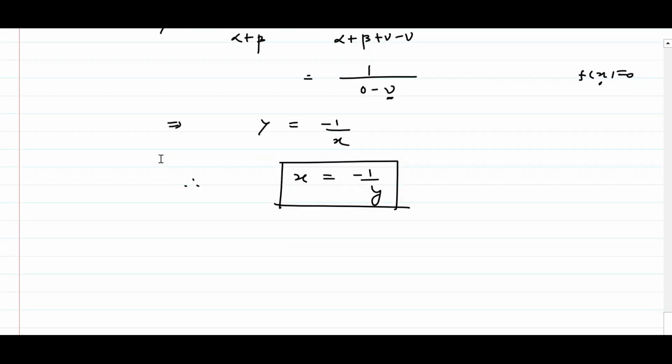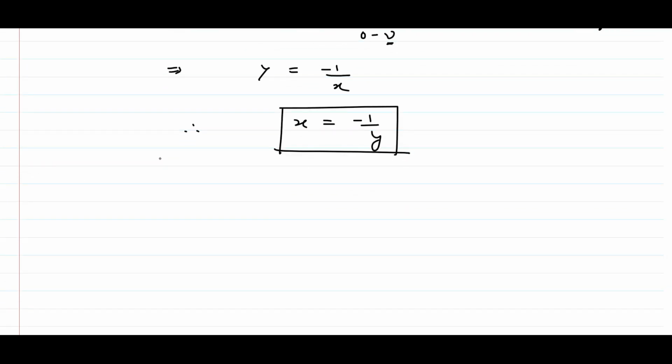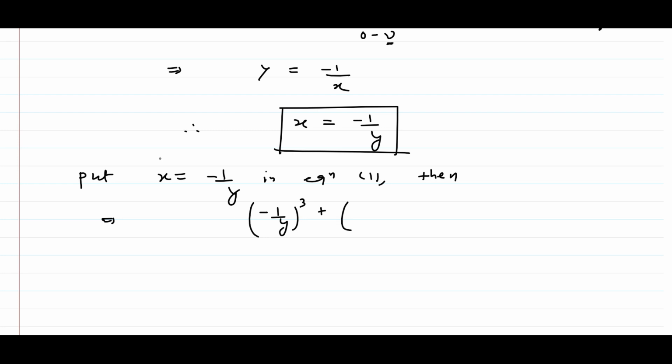Further we need to put the value of x, that is negative 1 by y, in equation first. Then it will be negative 1 by y to the whole power 3 plus negative 1 by y multiplied by q plus r is equal to 0.